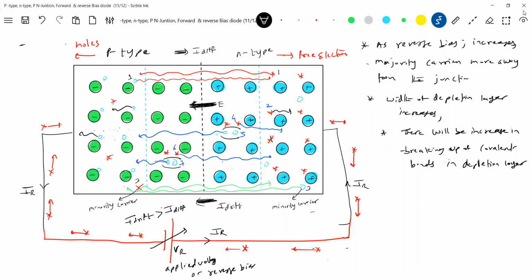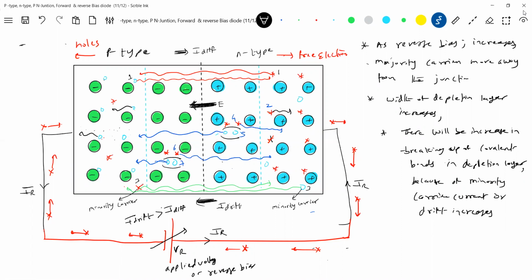Because of this, minority carrier current or drift current increases. Okay, fine. So there's one major reason we can put.